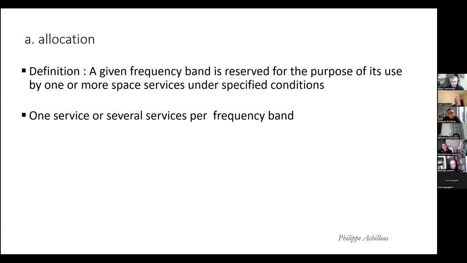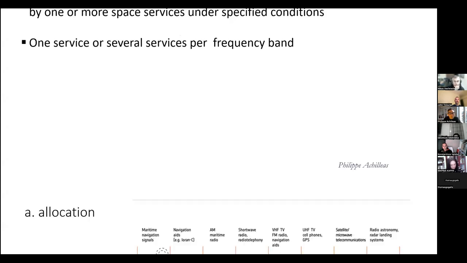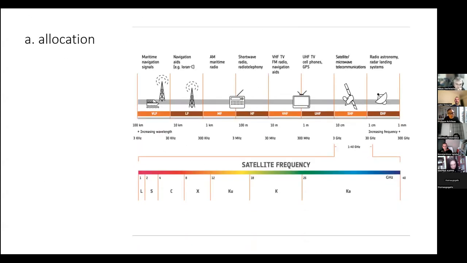We will have different frequency bands, okay? And each band will correspond to one or several services. So you see here an example of division of the spectrum, that is to say all the existing frequencies that can be used for telecommunications.